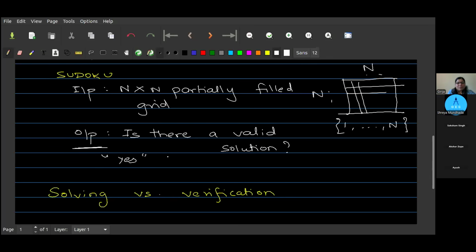Okay. Now I'm saying that you don't solve it now. You verify his or her solution. So you see the difference. You are solving it so far, but now your friend comes to you and says that I have solved it and I have found a solution, and the answer to this question is yes, or it could be no also. But let's say it is yes. So somebody has made a claim about the solution, and now your job is not to solve the problem but to verify their claim.